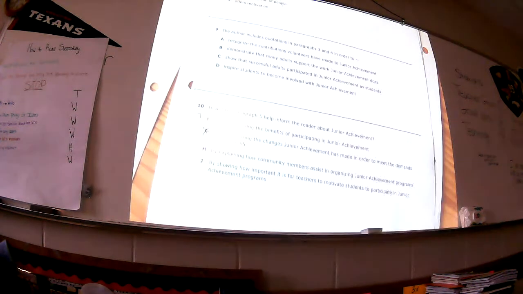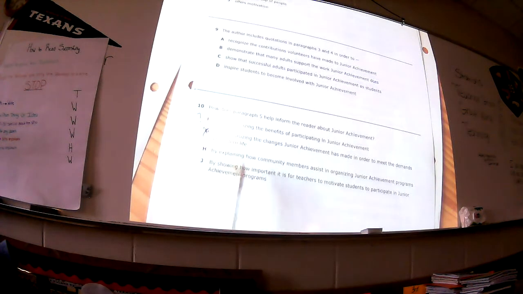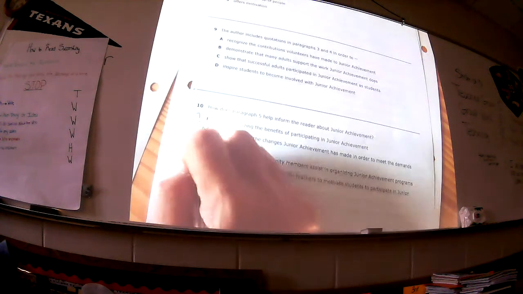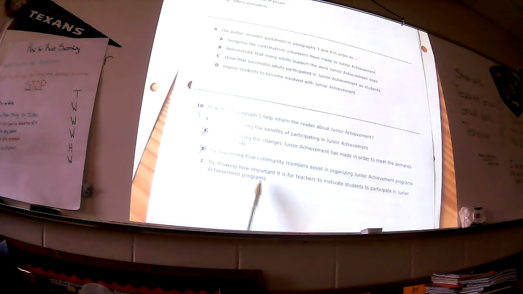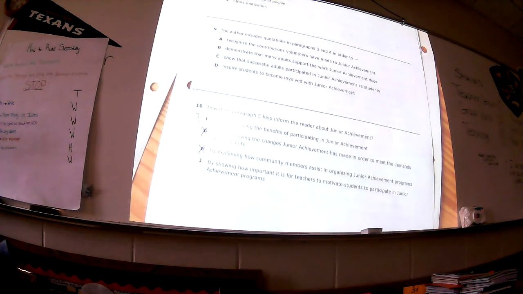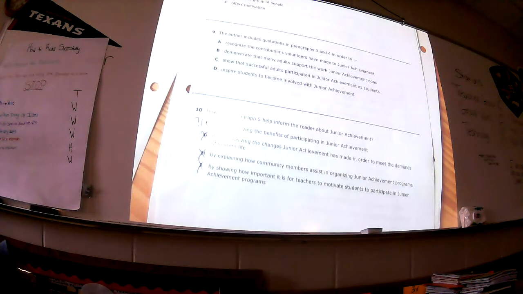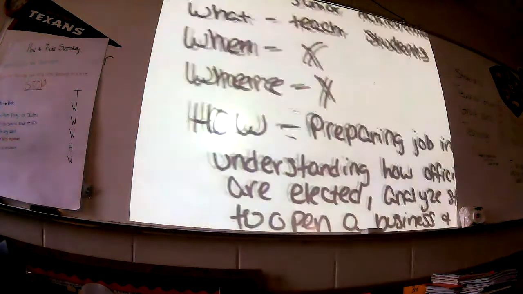No. H, by explaining how community members assist in organizing junior achievement programs. Did it talk about how the program was even organized? No. J, by showing how important it is for teachers to motivate students to participate in it. So is this paragraph telling me as a teacher to tell you to get in the junior achievement program? No. So there you go. Boom, we just got that answer right because we did the backstrap.